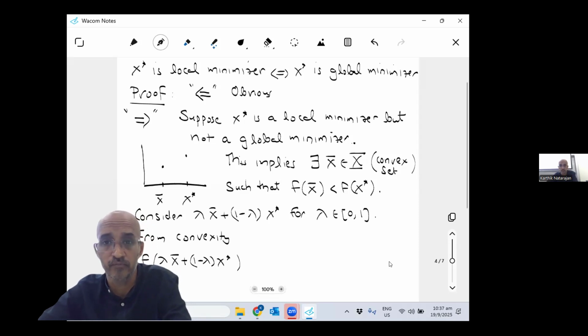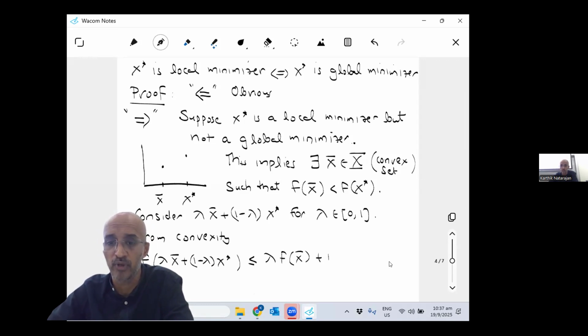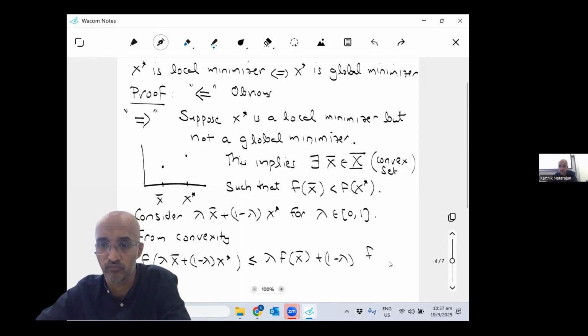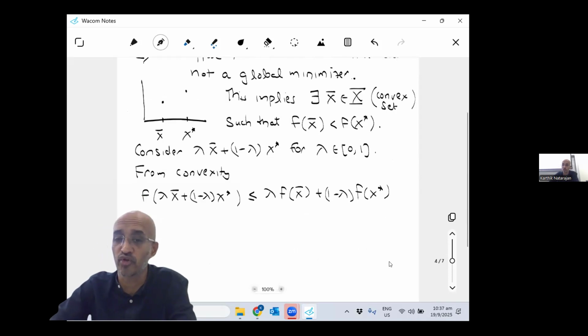X star lies in the set capital X, which is a convex set. Likewise, x bar. So from convexity, this has to be less than or equal to lambda times f of x bar plus 1 minus lambda f of x star. This is because f is convex.